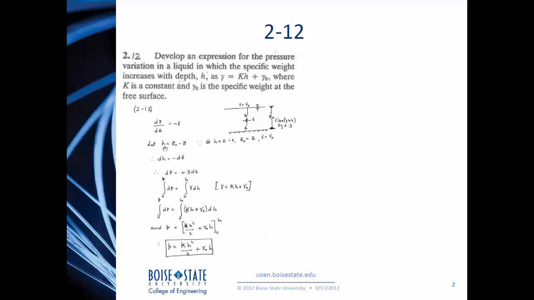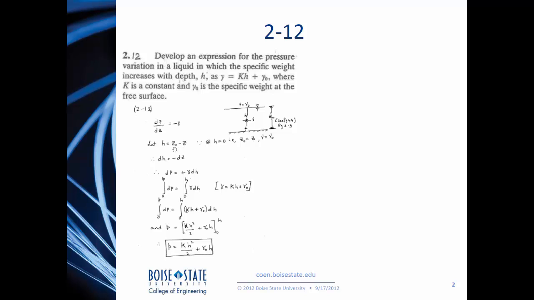We have dP over dz equals negative gamma. And from the diagram, h is nothing but z naught minus some z. So at h equals 0, that means z naught is equal to z, that means at the free surface, we know that gamma is equal to gamma naught. And if we take the derivative of this equation, we get dh equals negative dz.